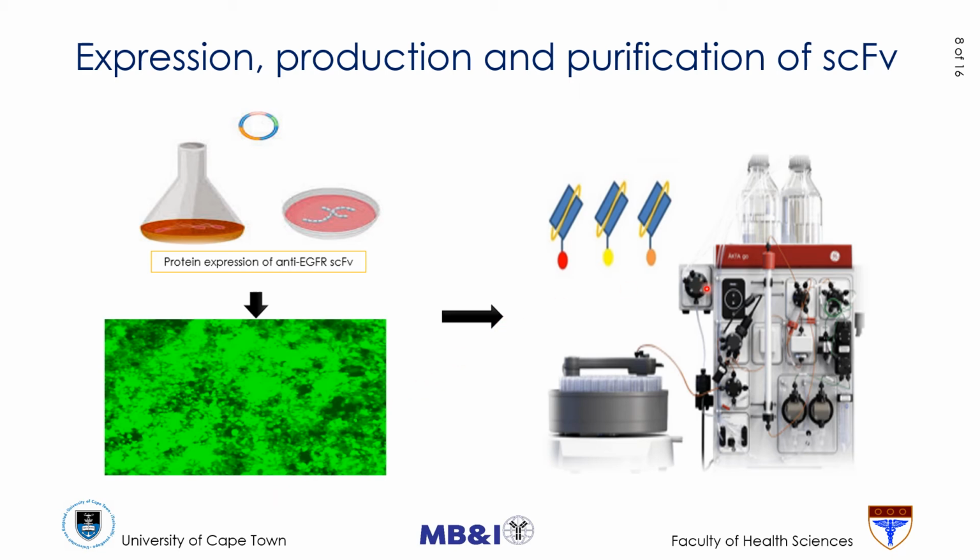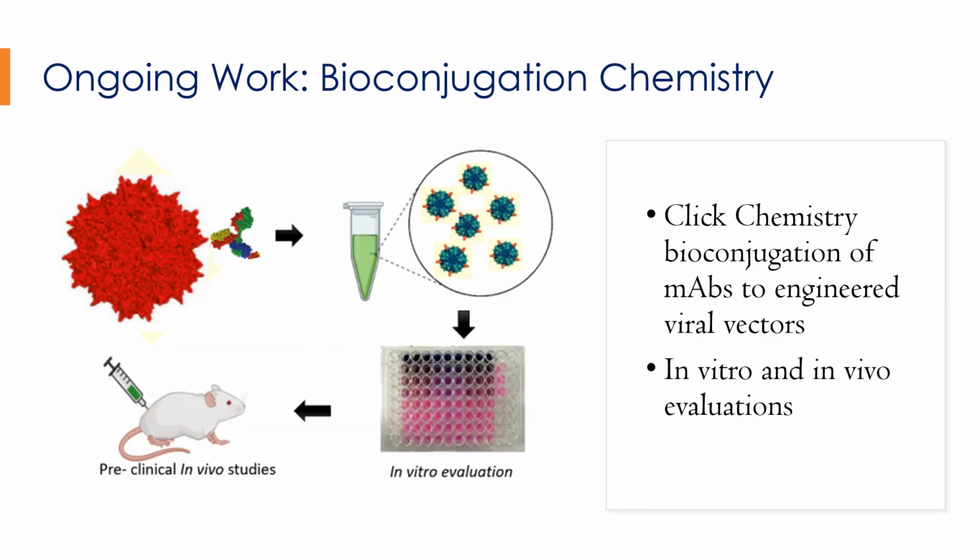I then purified this using the IMAC protocol, since these recombinant proteins have a His-tag sequence that binds to the nickel column on the IMAC system we have in-house, and I was able to yield a very high amount of protein, which will be conjugated to the surface of the virus for delivery into receptor positive cell lines and in vivo models.